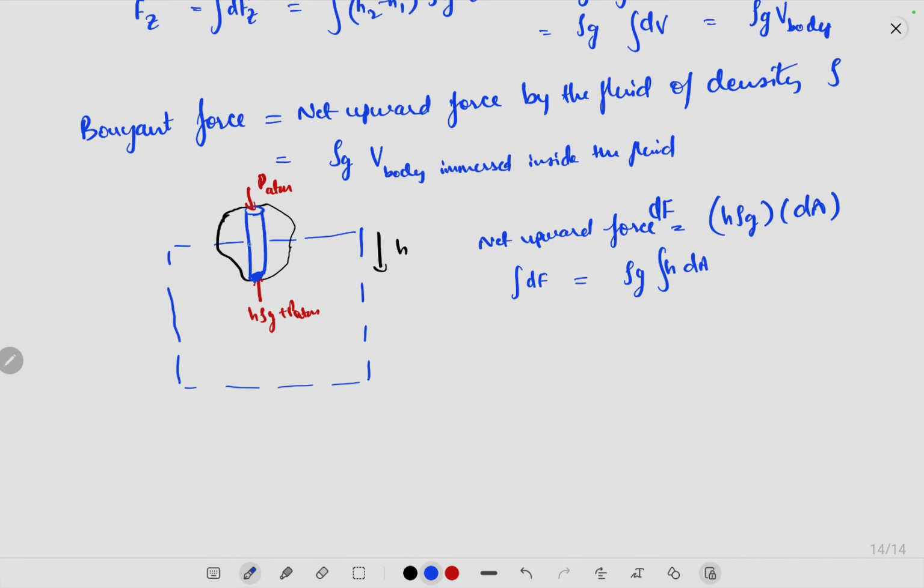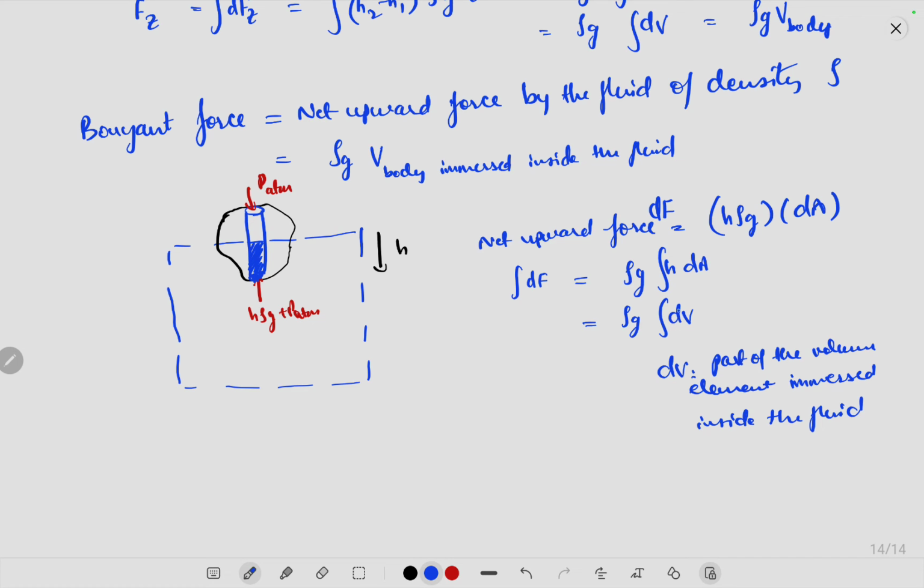Okay, so now what is this h dA? h dA is the volume of this part of the volume element which is immersed inside the fluid. So the integral gives rho g times dV, where dV is the part of the volume element immersed inside the fluid.